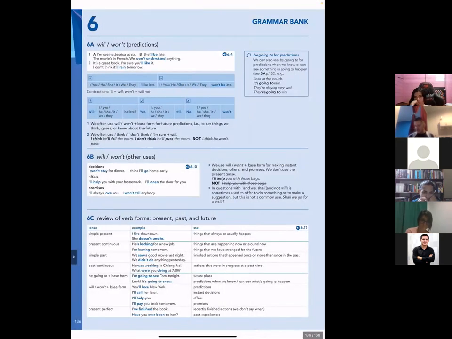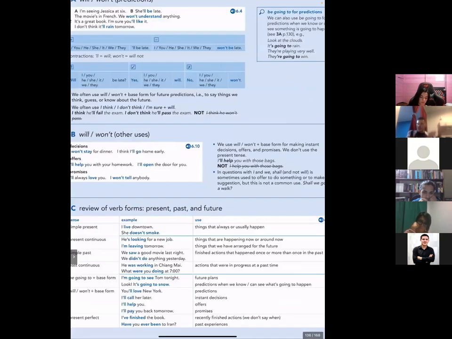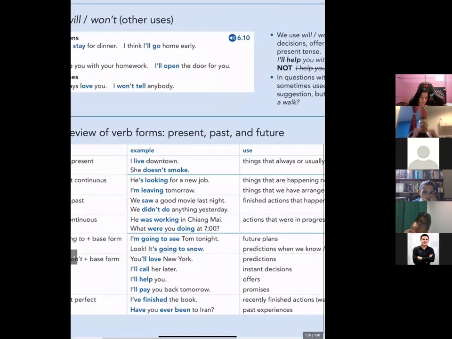Recently finished actions, we don't say when, past experiences. When it comes to present perfect, the way that I personally prefer to see it is as events that started in the past and they may or may not continue in the present. For example, I can say... Teacher? Tell me. For me, the better example to understand this is, well, yo he hecho, yo he estado, yo he leído.